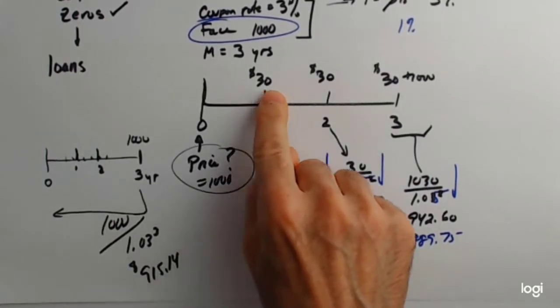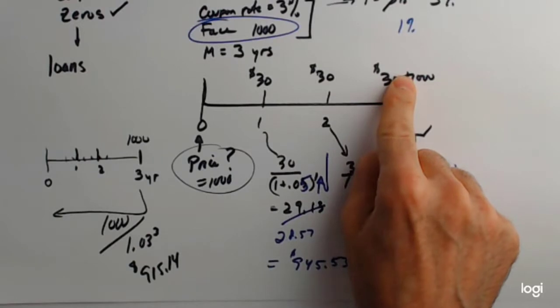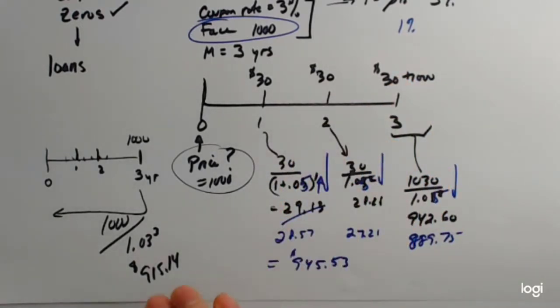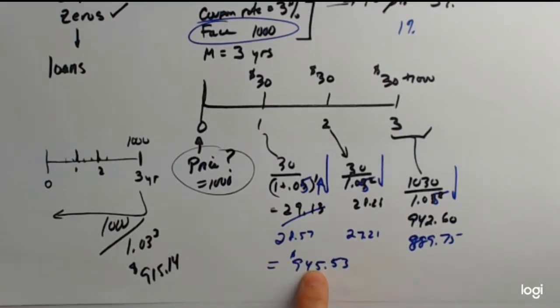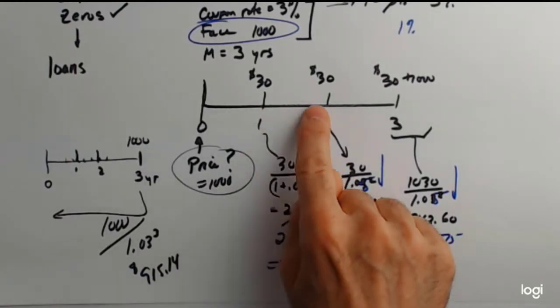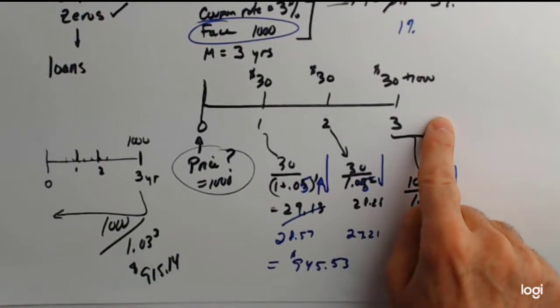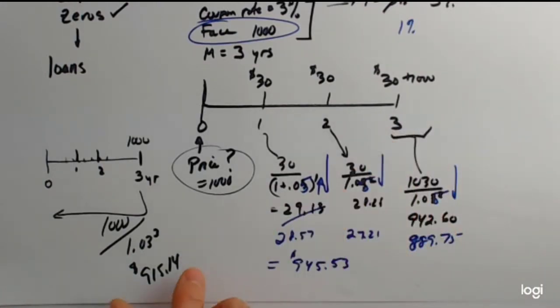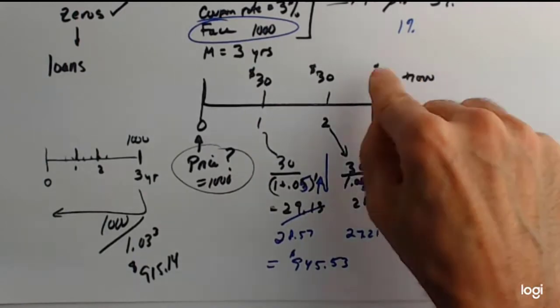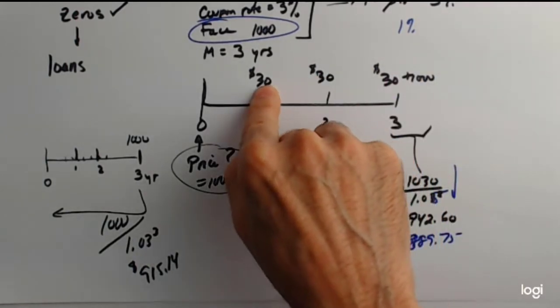You can think of each one of these cash flows as being a zero coupon bond, which for our purposes is really convenient, because if you want to see the inverse relationship between bond prices and interest rates, with a coupon bond you've got to go through all this math. But if you just think of each one of these as a particular zero coupon bond, this matures 1 year from now for $30.